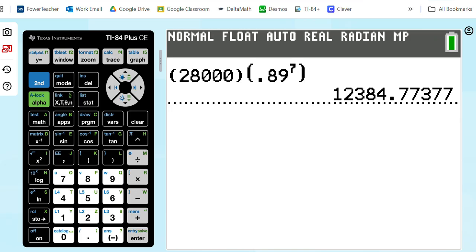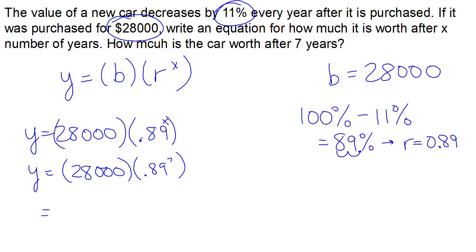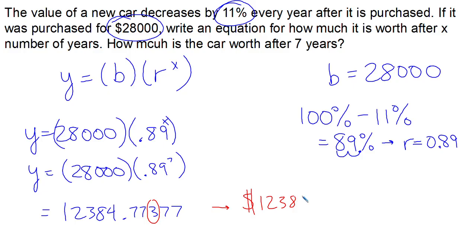And we end up with 12,384.77377. Again, we'll look at the third number here to round to the nearest cent. Since that's less than 5, we won't do anything. We'll just keep it as 0.77. So our final answer should be $12,384.77.